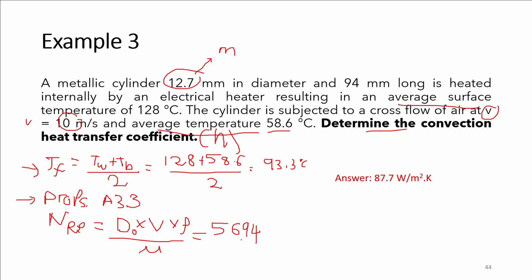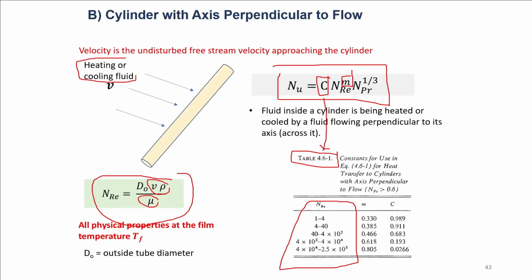Next we will find C and M. The third step is for you to find the C and M constants from Table 4.61. Look at this table.